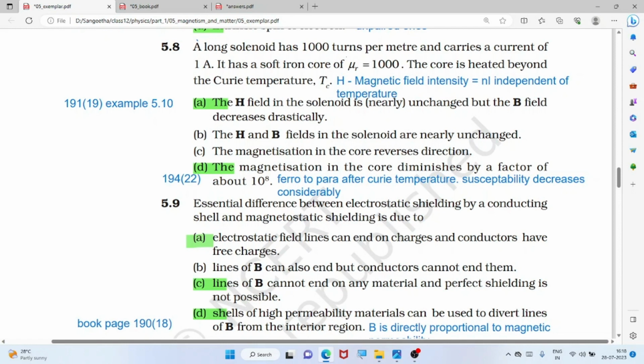So the magnetic field depends on the susceptibility, which decreases with the increase in temperature. The magnetization in the core diminishes by a factor of this. After the Curie temperature, it will lose the magnetic property.